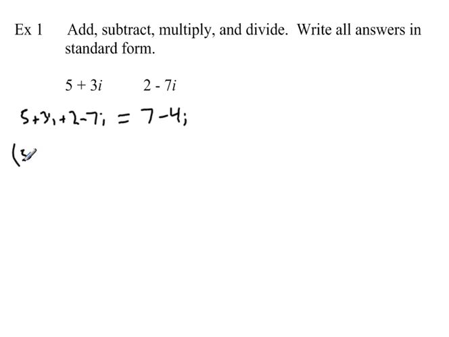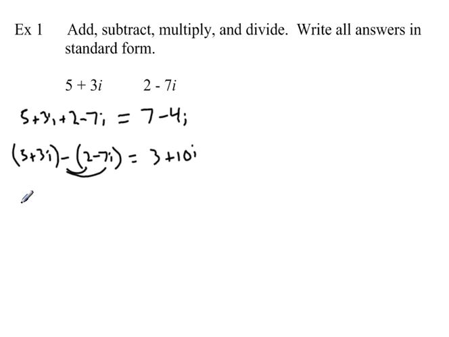If we are to subtract these, I'm going to put these in parentheses because we just have to be careful when we subtract that we're distributing that minus sign. Being real careful with those positive and negative signs, 5 minus 2 is 3. 3i minus a minus 7i is plus 10i. And there's what you get when you subtract these.